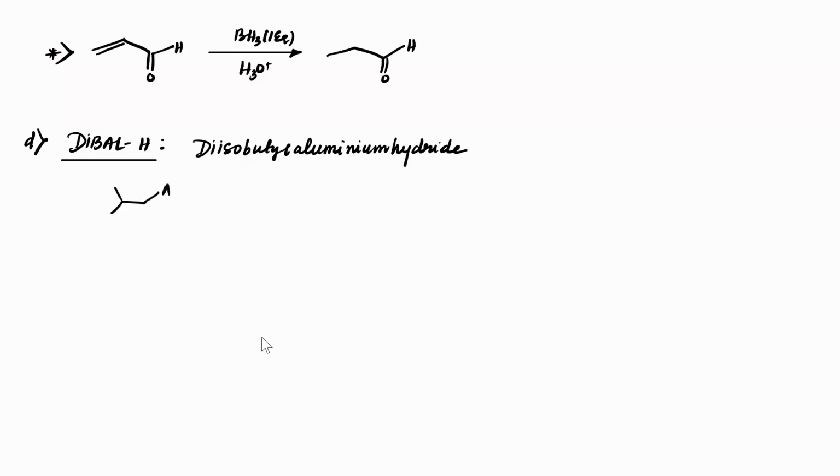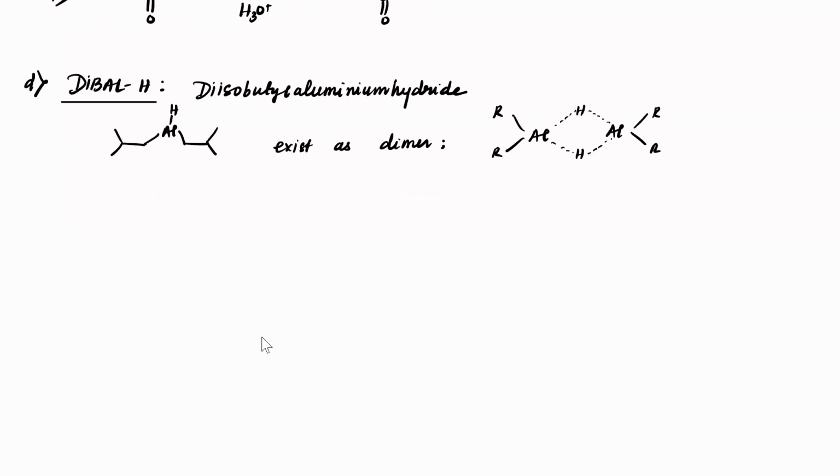Correct. We have aluminum with one hydrogen. So this is divalent. Usually this exists as a dimer. That is aluminum with R and R, aluminum with R and R here, and you will have this hydrogen at the bridge position like this.